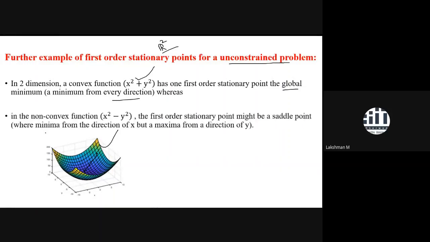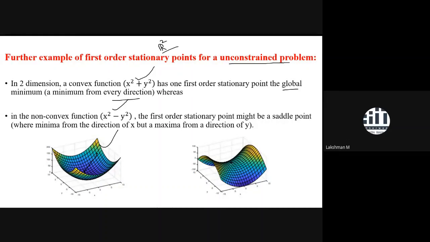And if you take another function which is non-convex, x square minus y square, it is a non-convex problem. For this function, apart from minima, we may have a saddle point as well. The origin, the point 0 0, is a saddle point for the non-convex function x square minus y square.